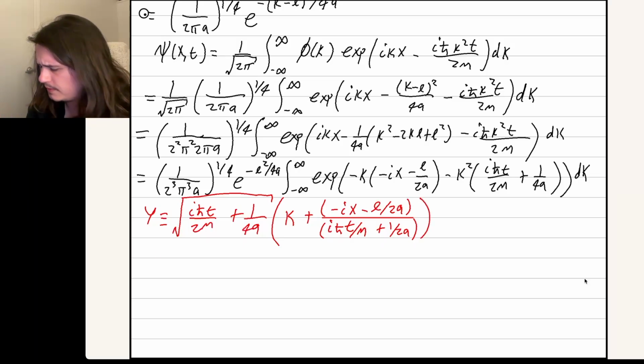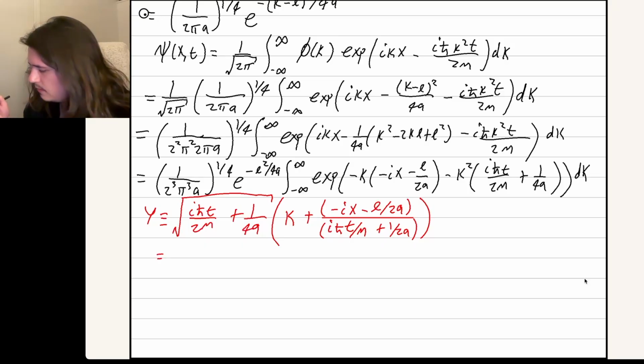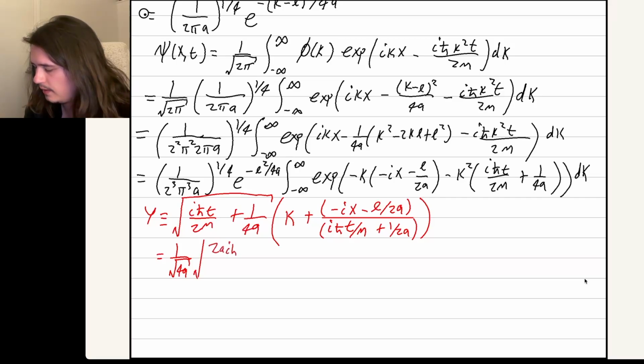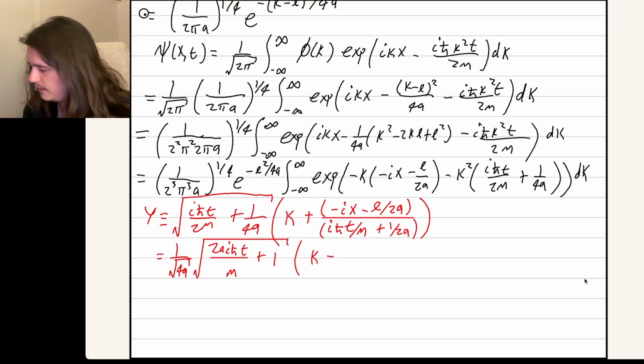Let's simplify this a lot, shall we? So let's factor out 1 over 4a, 1 over root 4a from the radical. So in here we'll have 2a i h bar t over m plus 1. That's a pretty cool thing to have. And then this is k minus, let's just multiply everything by 2a up here.